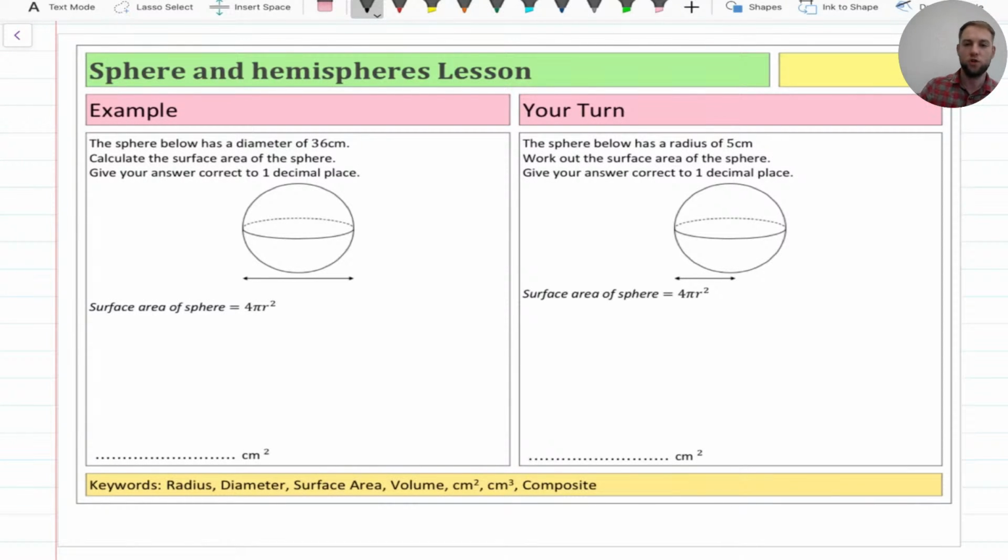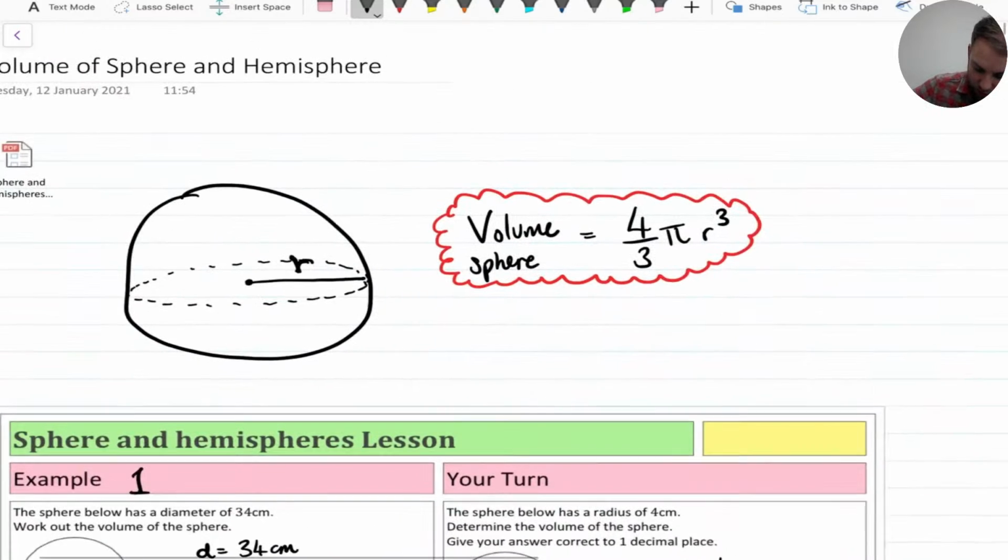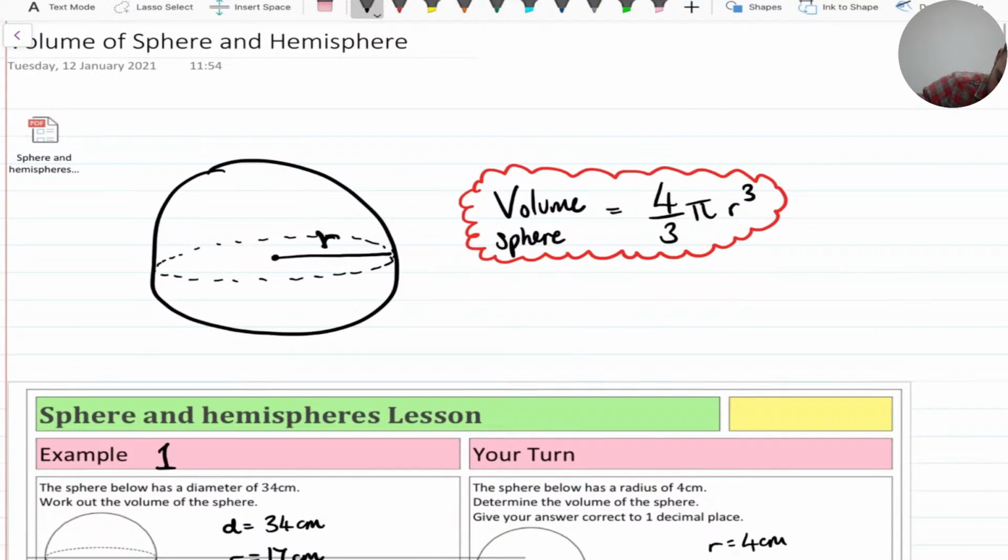Now, the surface area doesn't mean the space inside of this, it means the space all the way around the outside of this, and it's probably worth putting this back at the start as well. So at the start of here, I've got my surface area, which is equal to, now the best way to imagine it is if you were thinking about potentially a football, the amount of material that you'd need to make that football.